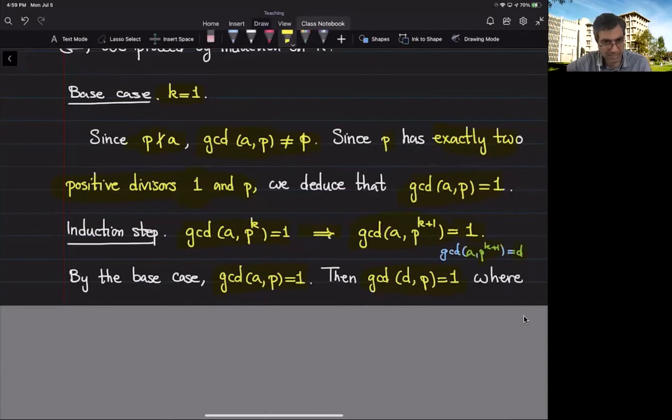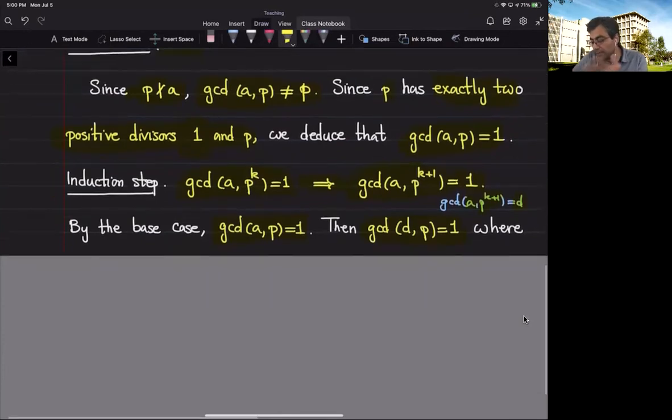Now I want to proceed and show the induction step, which means I'm going to assume that GCD of a and p to the k is 1. I want to show that GCD of a and p to power k plus 1 should be also 1. Okay, so let's call this GCD D, and I want to show that this D is 1. First thing that we notice is that by the base case, we already know GCD of a and p is 1.